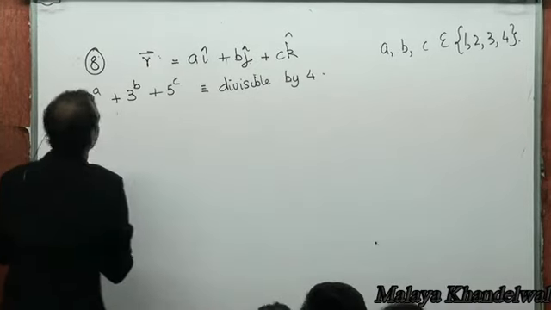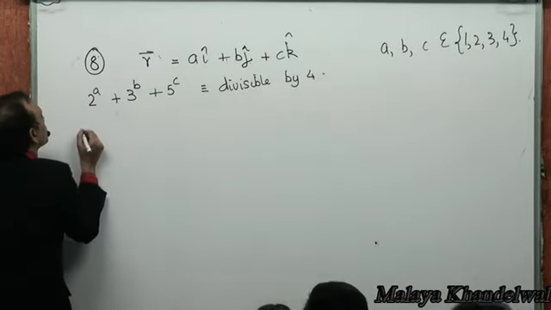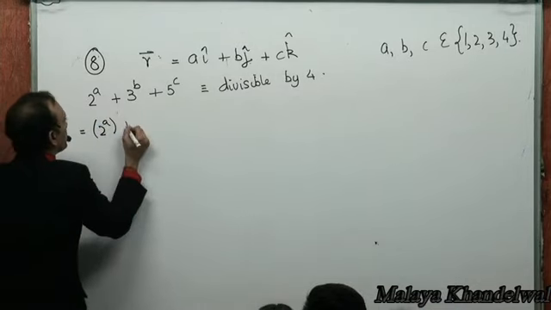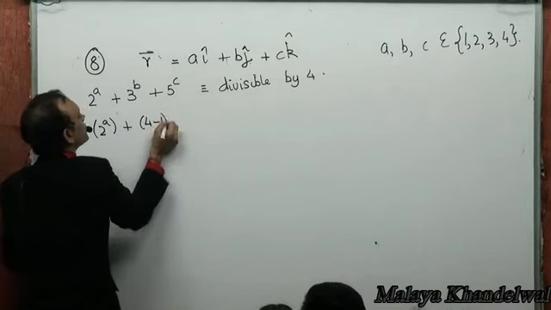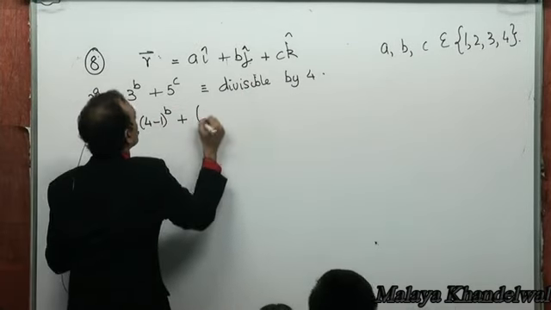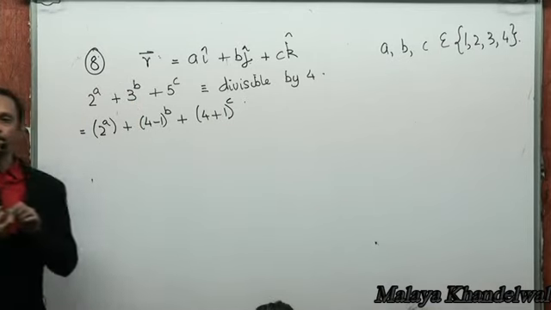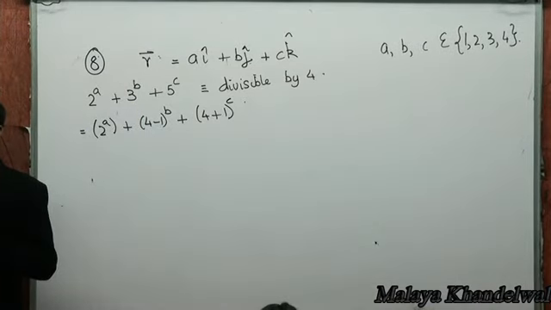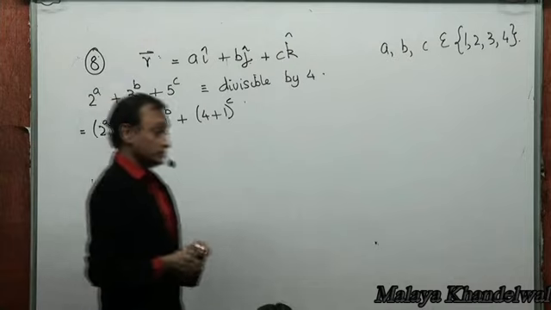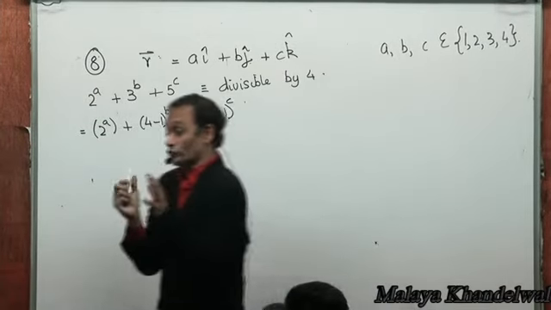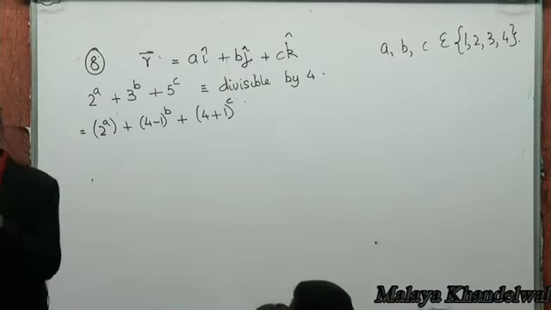Now this is a very simple problem. Now this could be written as 2 to power A plus (4 minus 1) to power B plus (4 plus 1) to power C. Yes or no? Now remember I gave you a brief snippet of binomial theorem.